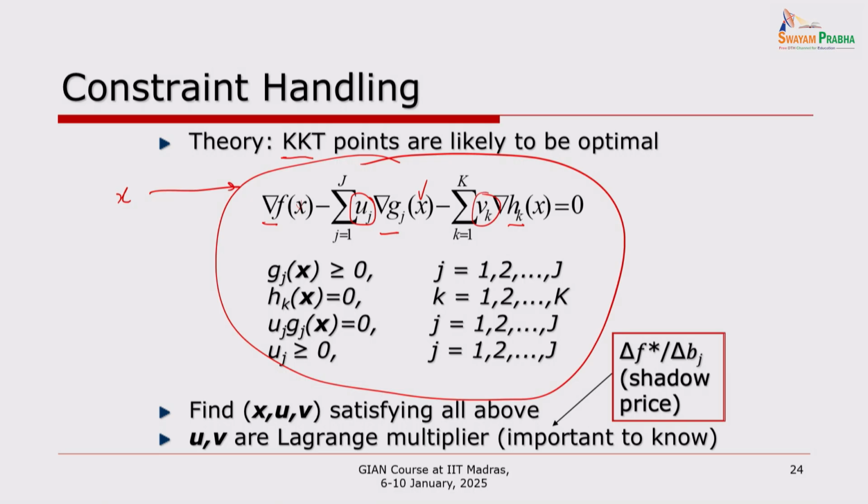These Lagrange multipliers are called shadow prices. So this is uj, for example. If you have gj(x), one of the constraints, less than or equal to 0, and I change it to gj(x) less than or equal to 1, I increase the right hand side from 0 to 1, or by unit distance, or by delta bj for the jth constraint, what will be the change in my optimal function value?